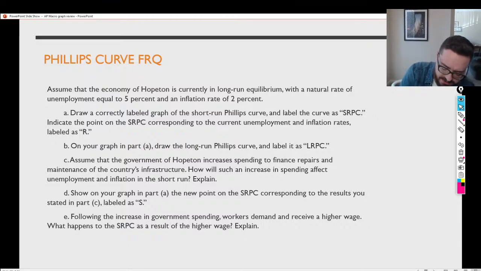Let me quickly answer a question in the chat. Krishnov asked, why would increasing the cost of oil decrease supply? Because oil is a natural resource that more affects businesses' abilities to produce things than it does affect my spending. I go to the gas station regardless, right? I've got to fill up to go home. It's not really affecting aggregate demand, because one good being more expensive doesn't change my spending levels as a whole.